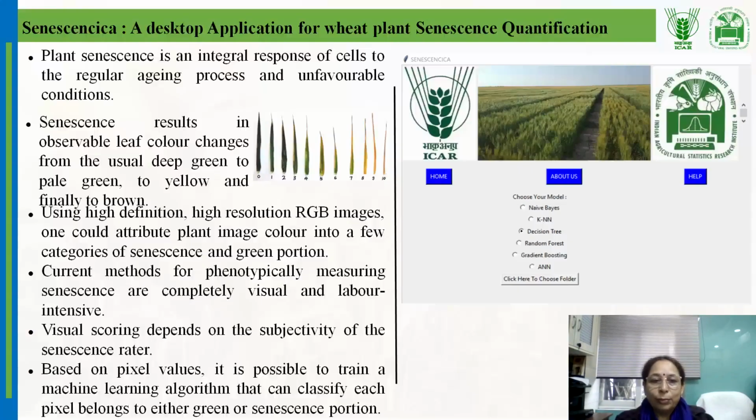Naturally, the plant changes color over a period of time during the different growth stages. But at the same time, when the plant is exposed to certain stress conditions, there is also senescence appearing, which is unnatural or untimely yellowing of the leaf that happens.